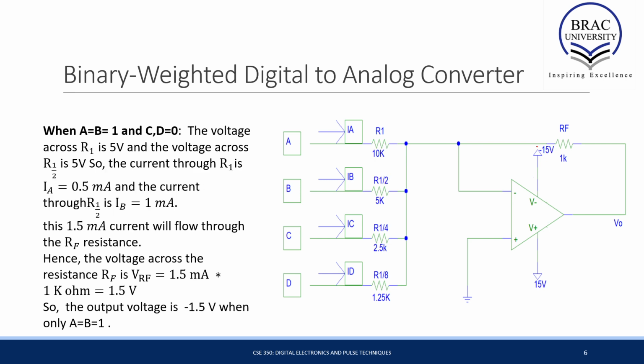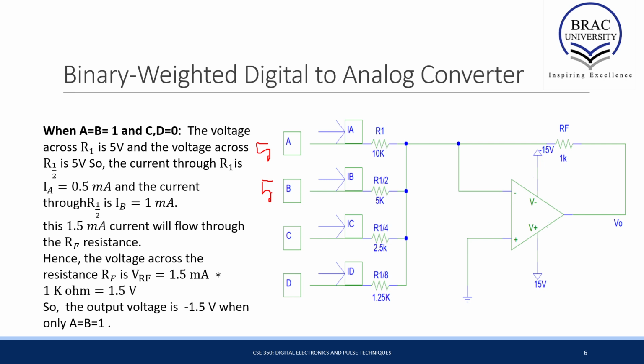Now let's see what happens when A and B are equal to 1 and C and D are equal to 0. That means A will have a logic value of high or 5 volt, and B will have a logic value of high or 5 volt. So IA will be 0.5 milliampere and IB will be 1 milliampere. Their total current we can add using KCL at the node. We can see the total current will be 1.5 milliampere, and this 1.5 milliampere will flow through the RF resistor.